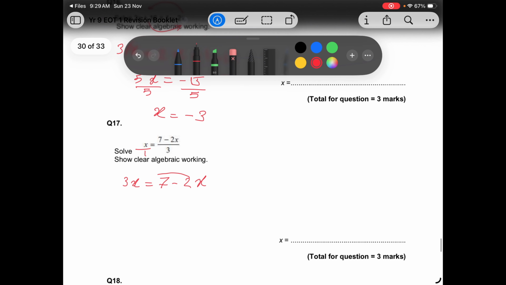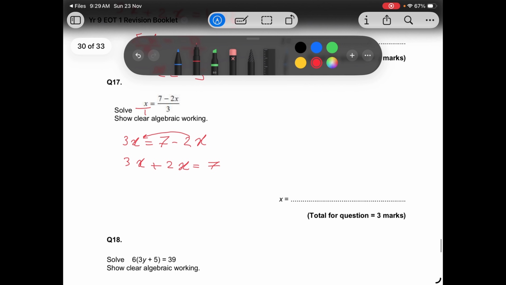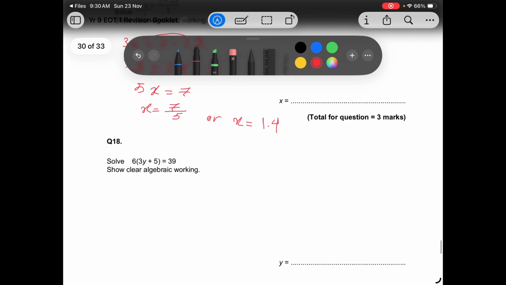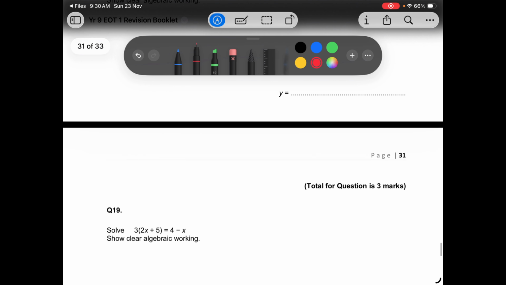Then shift this here, it will be 3x plus 2x equals 7. And here, guys, it will be 5x equals 7. You can divide by 5. Then x will be 7 over 5. Keep it like this, or x equals 1.4. It's the same, okay?